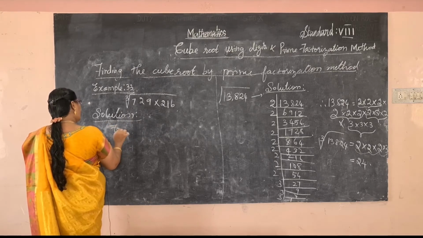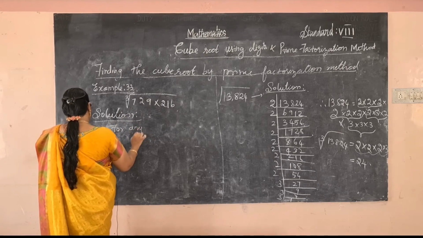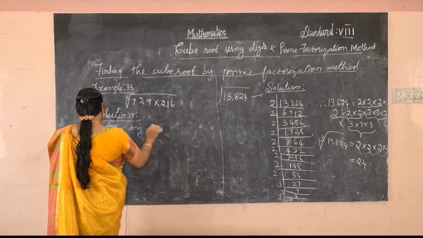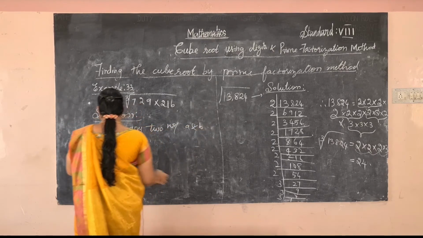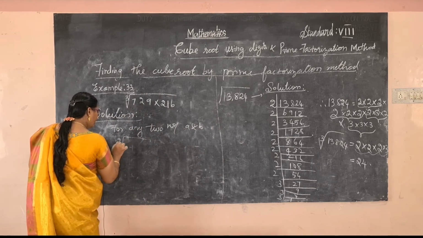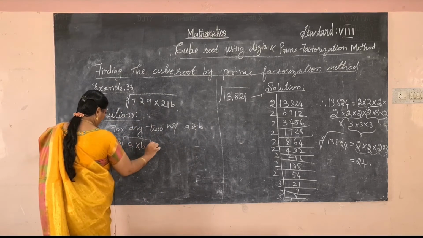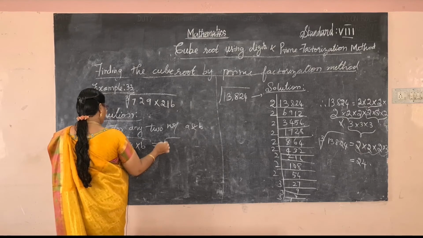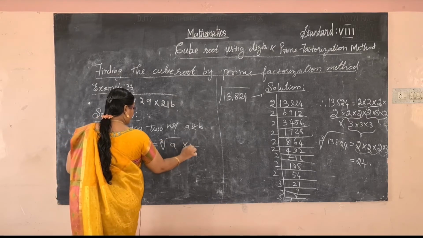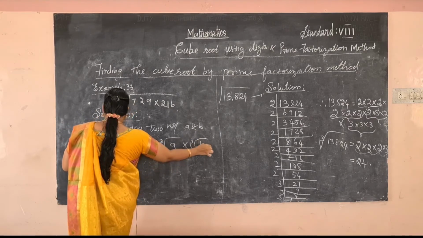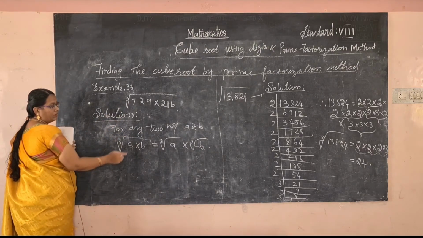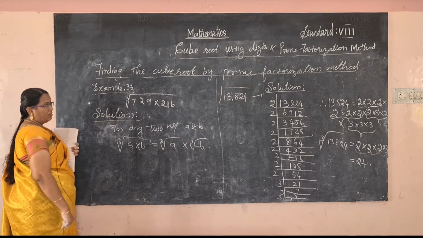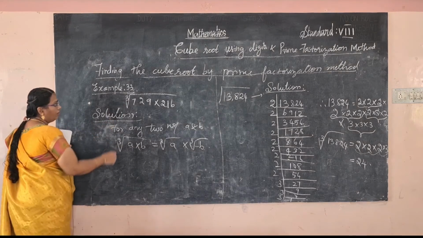For any two numbers a and b, the cube root of a into b is equal to the cube root of a into the cube root of b. Okay, so we separate the given number using this method.